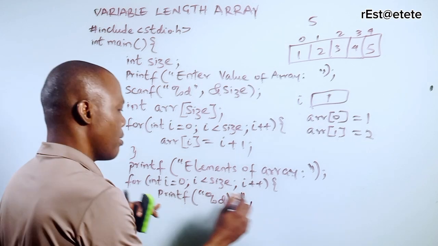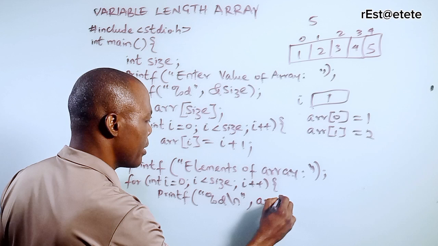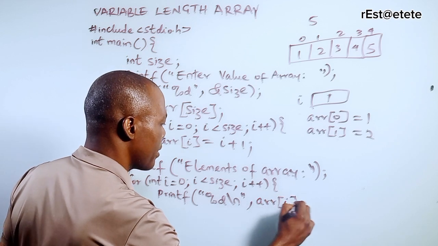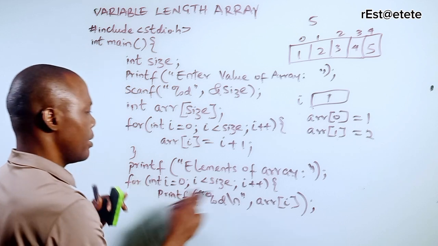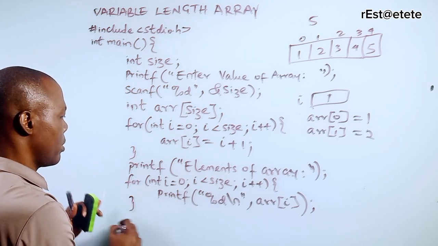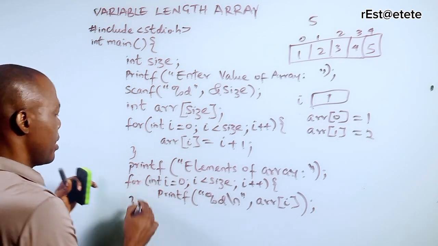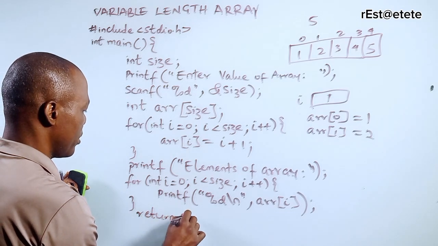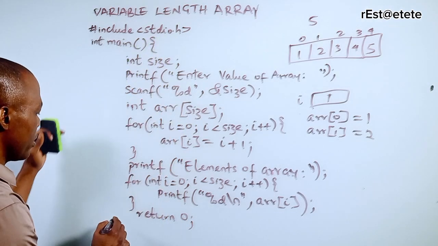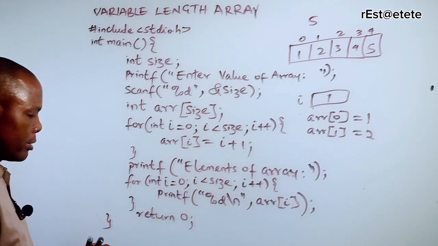Then what will it be? array[i]. Then close my for loop, and then I'll say return 0. Then this one, I'll close it.